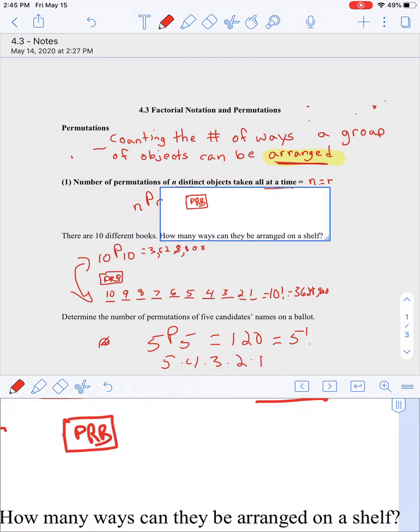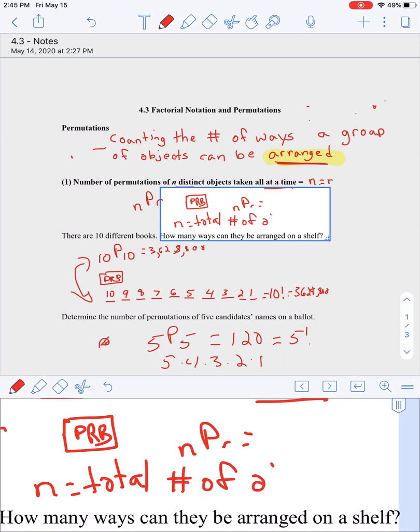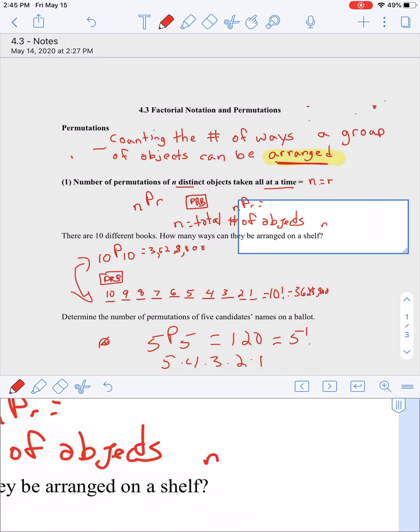Now, the formula, you don't need to memorize it because your calculator does all this, but nPr, where n is your total number of objects, and r is the amount you're picking. So for example, let's say you have 20 people and you only want 6 of them.